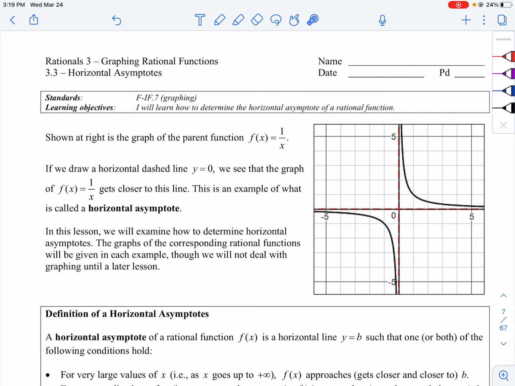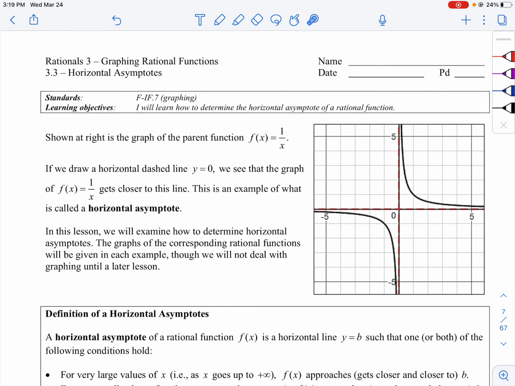Just like the vertical asymptotes can be here sometimes, it can be here sometimes. The horizontal asymptote also is not just always in here. Sometimes it's up here or sometimes it's below here. Okay? In this lesson, we will examine how to determine horizontal asymptotes.